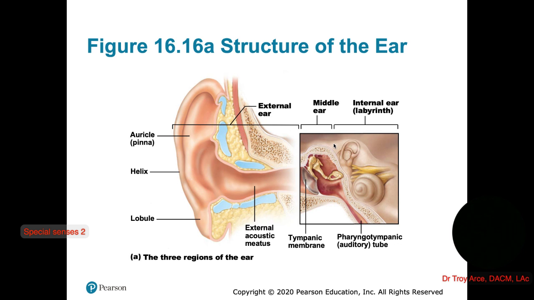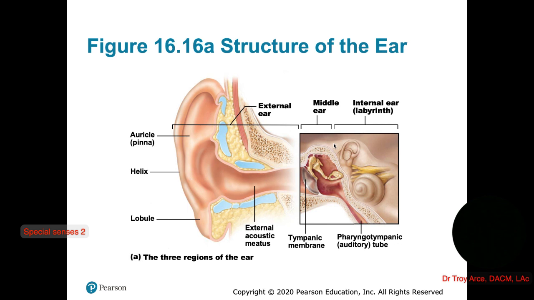Of course, we have our external ear, and then the external acoustic meatus. And both of these have different embryological beginnings of what parts develop first. And then you have your tympanic membrane. Again, that's your barrier, right? We talked about that earlier between the external and middle ear.